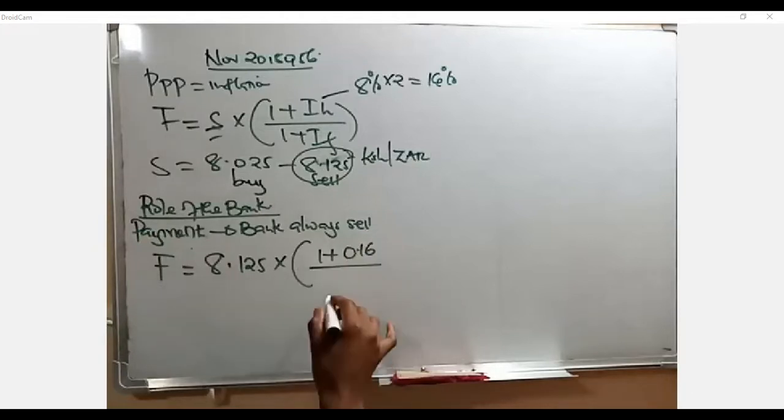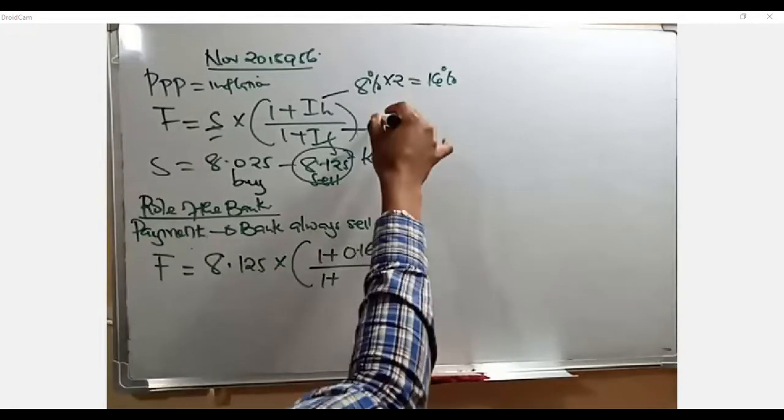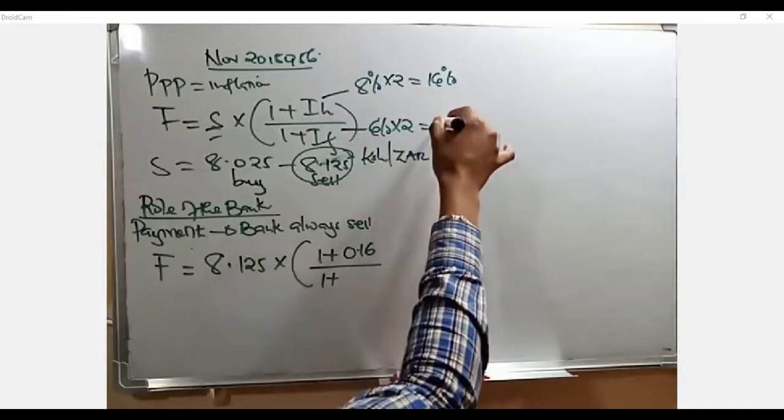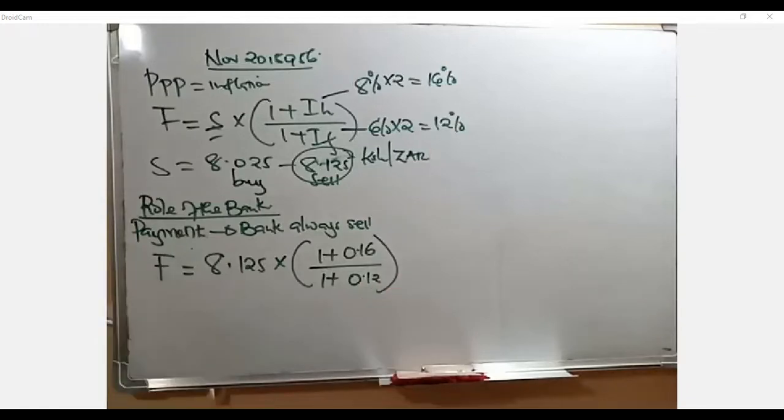You divide by 1 plus the inflation rate in South Africa, which is 6%. When you multiply by 2 years, you get 12%, which is 0.12, because we are carrying out our analysis for 2 years, 24 months. That is why I'm multiplying by 2.